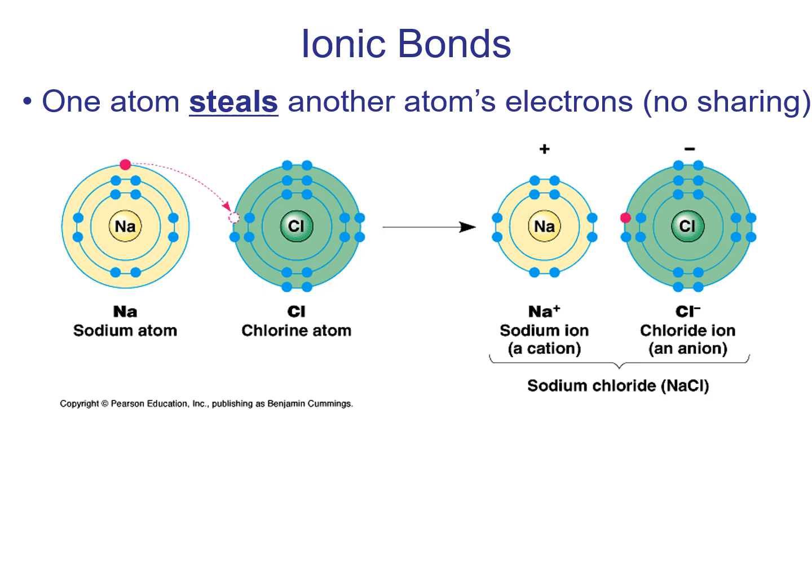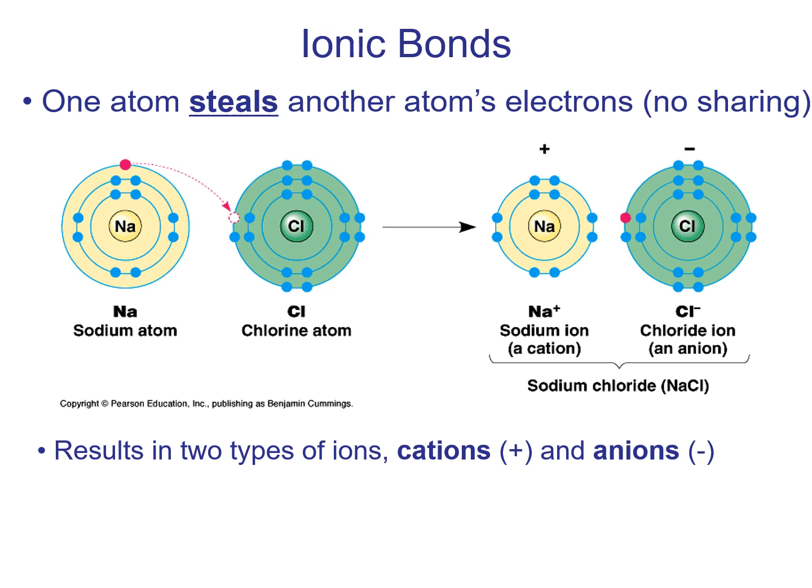The other thing to note is that positive ions are known as cations, and negative ions are known as anions. So if you're a cat person, I guess, I'm kind of a dog person, but if you're a cat person, I guess cats are positive. Maybe that'll help you remember it.